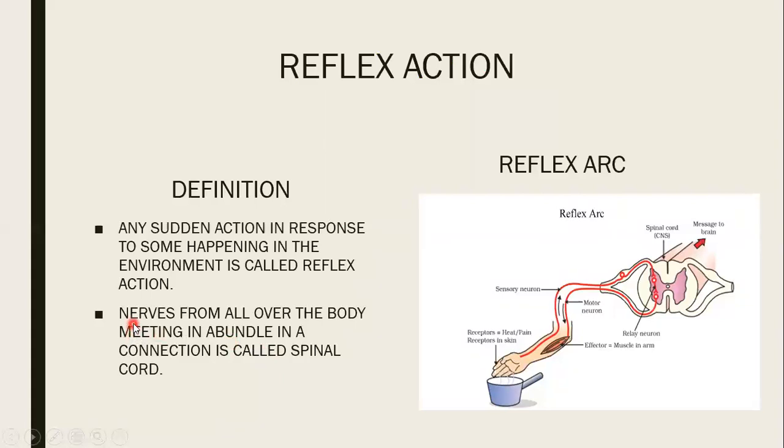Nerves, we all know now what these nerves are. So nerves from all over our body are meeting in a bundle in a common connection, and that we call what? Spinal cord. Okay, so to understand the concept of reflex action now, we will understand this in detail. A short note on reflex action comes, and that is for 3 marks.